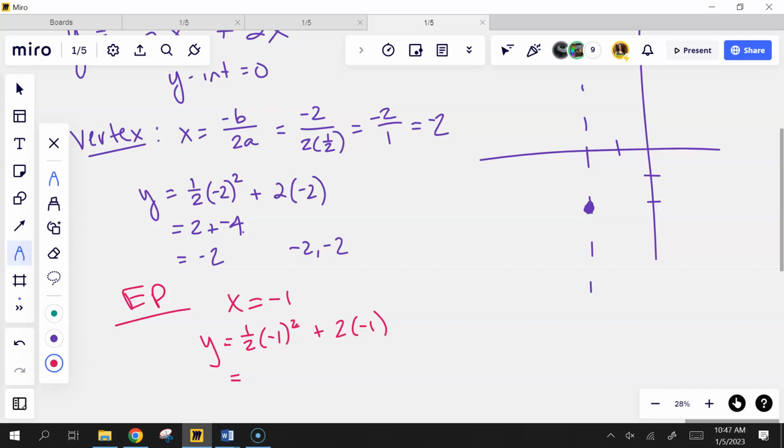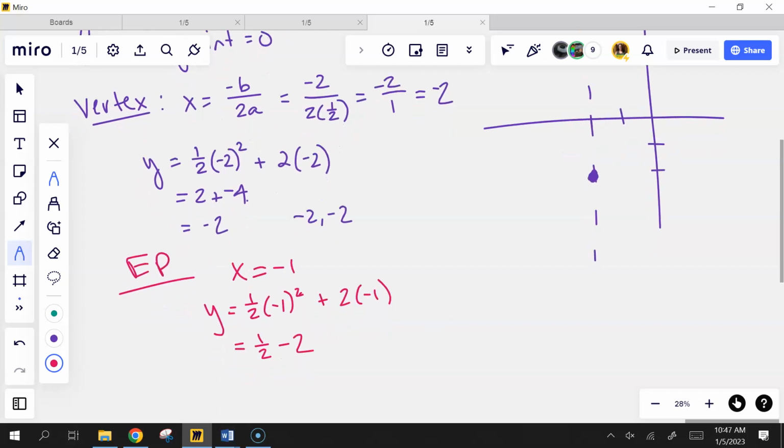All right, negative 1 squared is 1. 1/2 of 1, 1/2, minus 2 would give me, that's right, negative 3/2, negative 1.5, any of those would work.